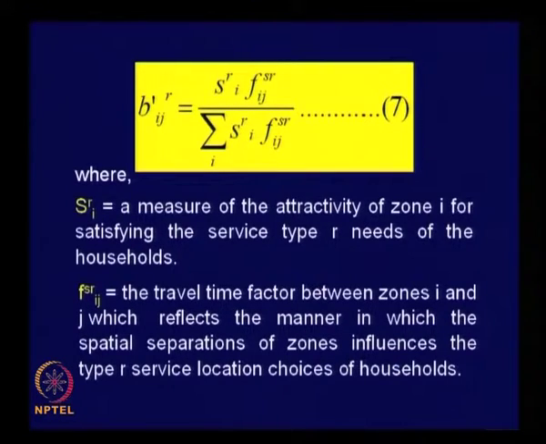I will repeat, F_R_ij is nothing but the travel time factor between zones i and j, which reflects the manner in which the spatial separations of zones influences the type or service location choices of households, right. It is with respect to the households and the type or service employment.